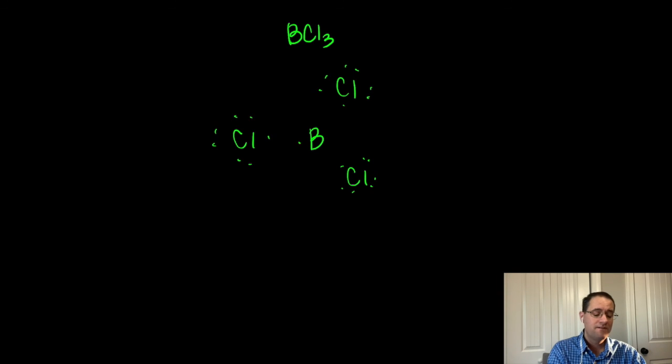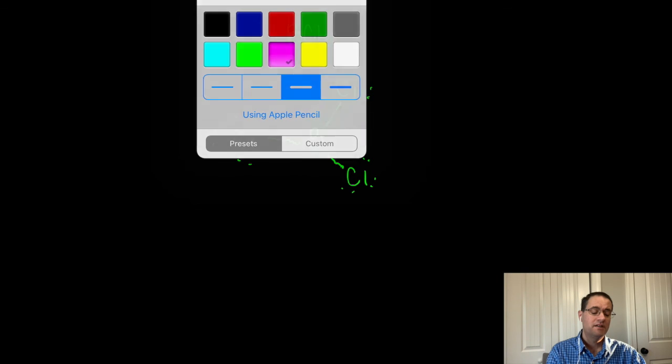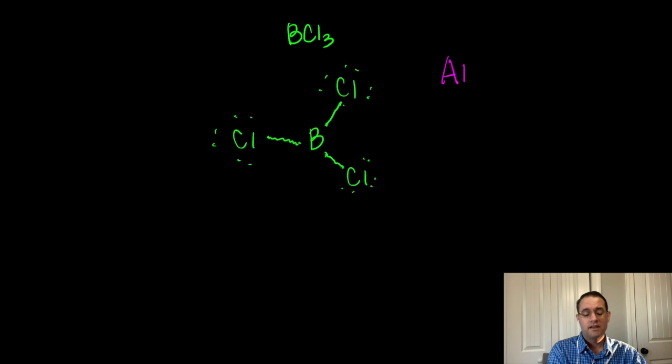Boron has 3 valence electrons, and it's not going to satisfy an octet. It's a violation of the octet here. But when we create the covalent bonds to the boron atom here in the middle, we stop. And if we look at this template here, we would label it as AB3.